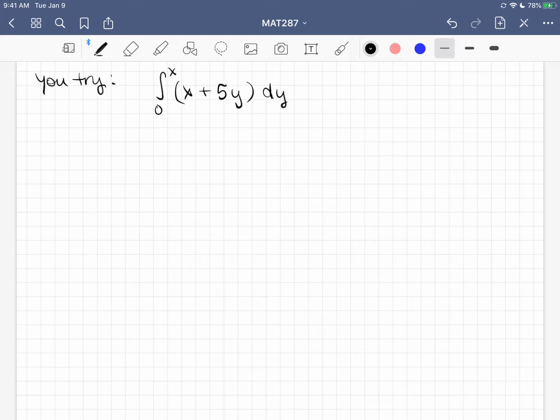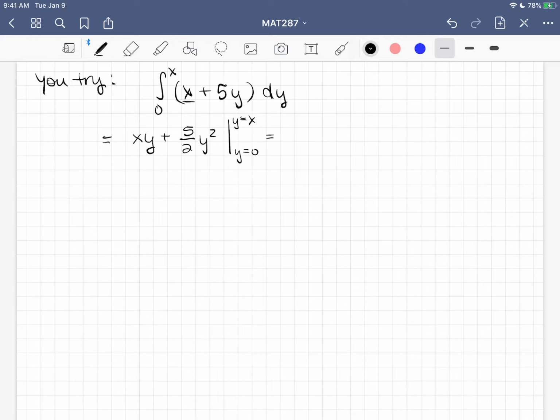All right, so hopefully you've tried to integrate something like this. I'm going to go ahead and do it here. This time I'll do it. So what happens? I'm integrating with respect to y. So this is a constant, so I get x times y plus 5/2 times y squared, and I'm going to evaluate from y equals 0 to y equals x.